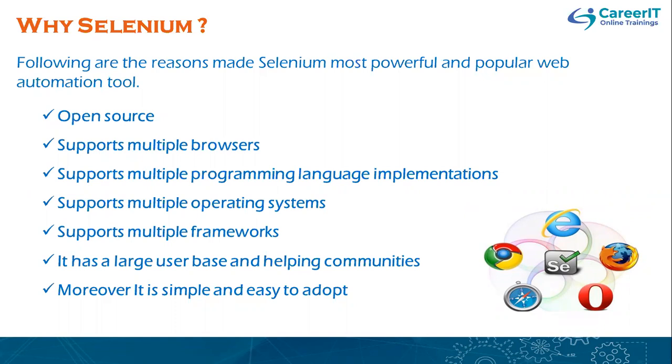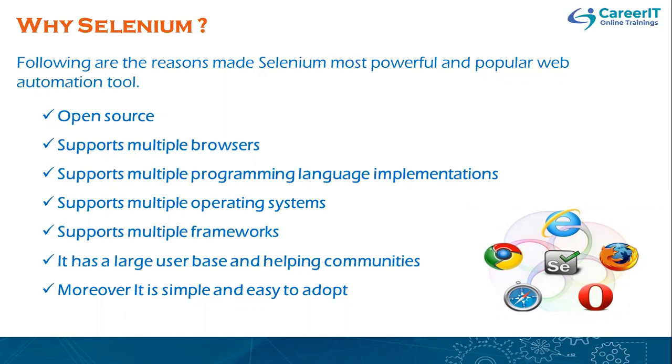Another thing is that Selenium supports multiple programming language implementations. Any automation tool generally requires some programming language support. In very recent, advanced tools, they are building their own programming language for their particular tools. But in general, any automation tool is supported by some programming language. If you see HP QTP or UFT, we need VBScript for that.